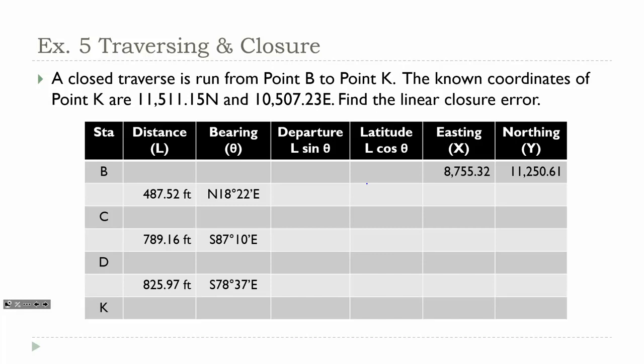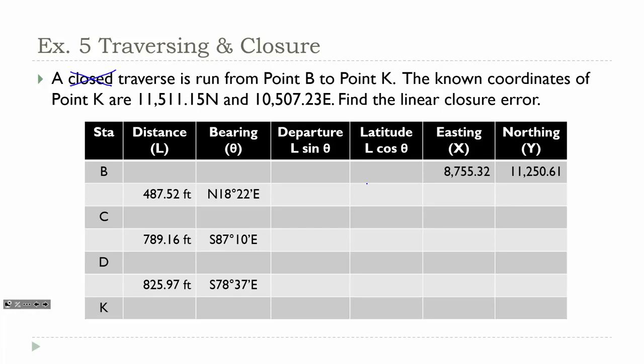Who came up with this one? How would it be a closed traverse if the first and last point aren't the same point? Let's just add another row. Yeah, but theoretically it's not a closed traverse if it doesn't close around on itself.